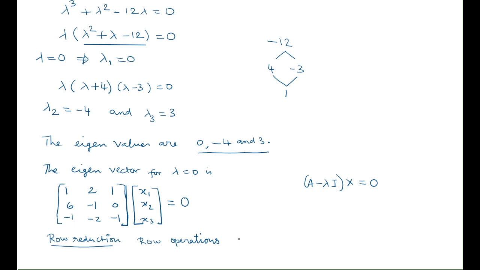Say, for example, I have scalars A and B, and two rows R1 and R2. Then I can replace either row 1 or row 2 by A times R1 plus B times R2, depending upon the situation.